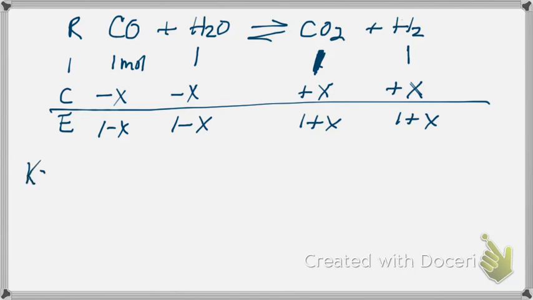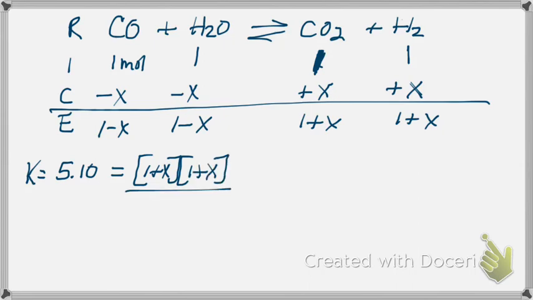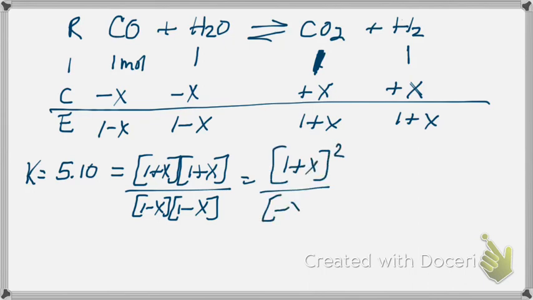They gave us that K is equal to 5.10. So that's going to be equal to products over reactants. So that would be 1 plus X times 1 plus X, which is squared, but I like to write it out first so people don't get confused, which becomes 1 plus X squared over 1 minus X squared.